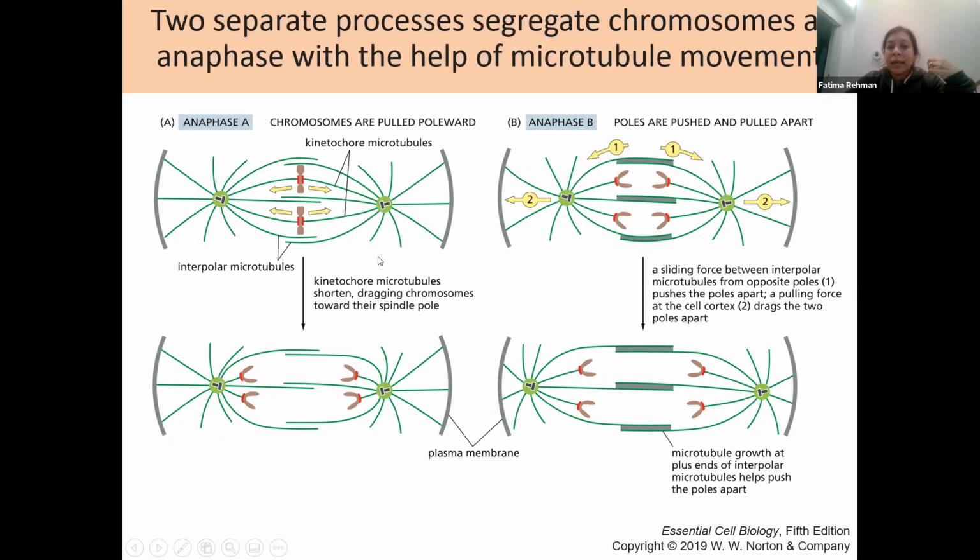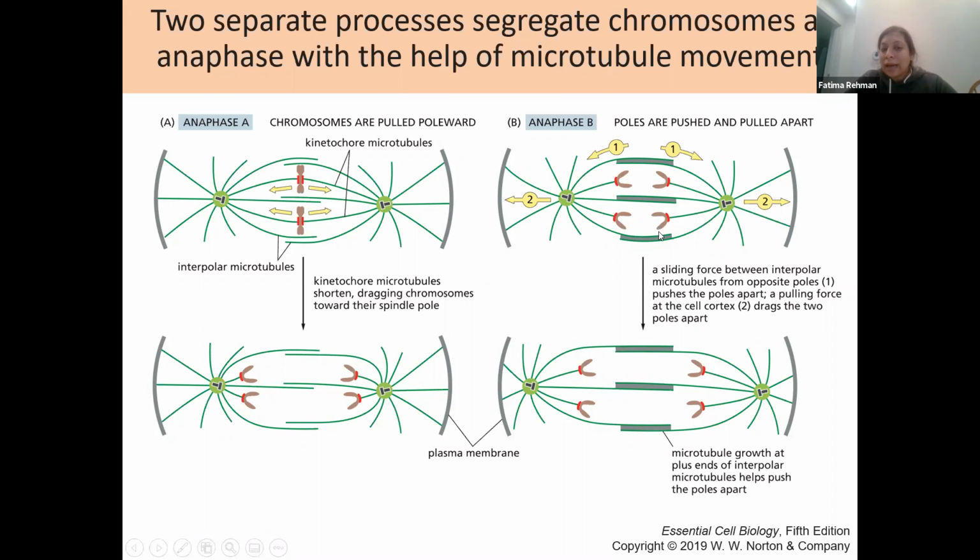And as they shorten, they are dragging the chromosomes along with them. So remember, you have those plus and the minus ends of the microtubules. At this point, those microtubules are depolymerizing at the negative end. They're getting pulled apart, and the chromosomes are getting pulled apart because of that.